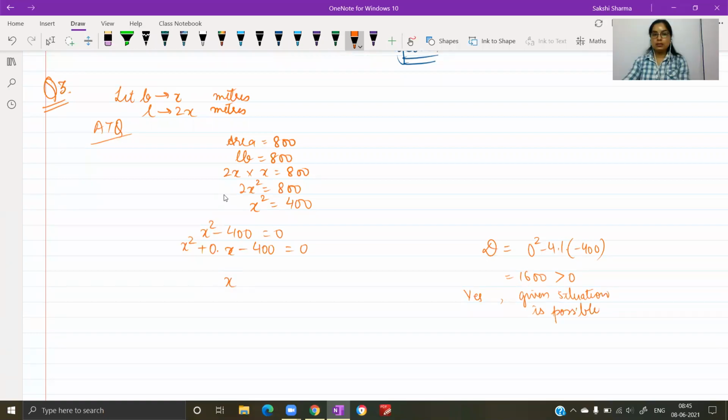You can find out the answer right from here. x can be equal to positive, negative square root of 400. x can take these two values, out of which one will be rejected.